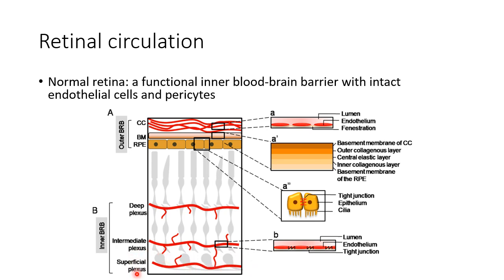So the superficial plexus, the intermediate plexus, and the deep plexus are the inner retinal blood supply. And they are present in these corresponding layers, that is the nerve fiber layer, the inner plexiform layer and the outer plexiform layer.